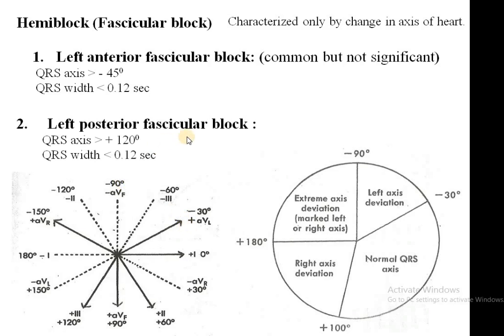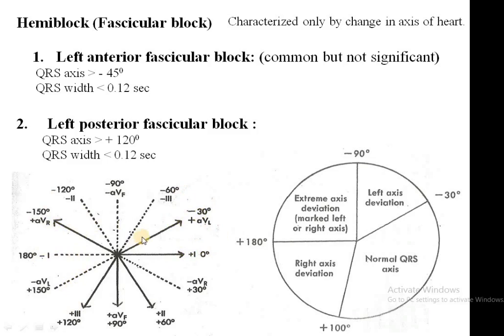In left posterior fascicular block, the QRS axis is more than +120 degrees, and the QRS width is less than 0.12 second. So here the ECG will be like this: in lead 3 you will see more positive deflection. In lead 1 you will see a negative deflection. In aVL there will be a negative deflection. aVR could be more toward positive.